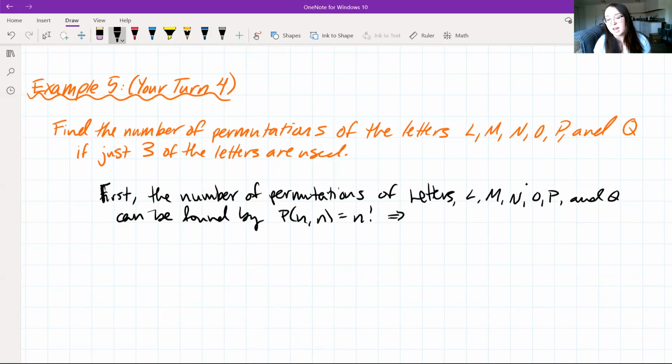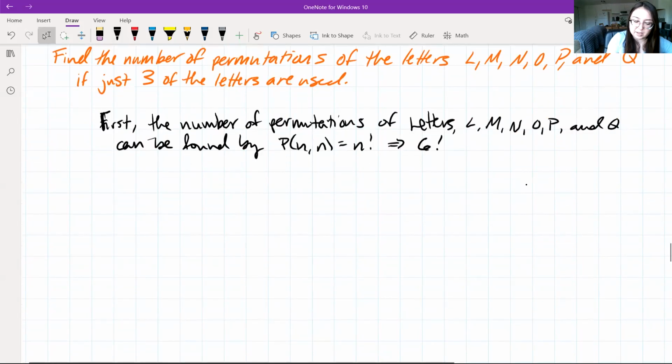We see that L, M, N, O, P, and Q, that's 6 options, so 6 factorial. So we know that the total number of permutations is going to be 6 factorial. That's like if we wanted to use all of them in a sequence of 6 letters. That would be our total amount of permutations.